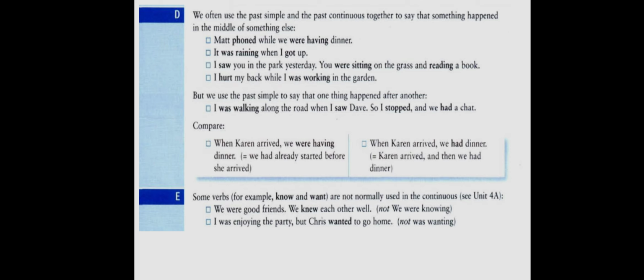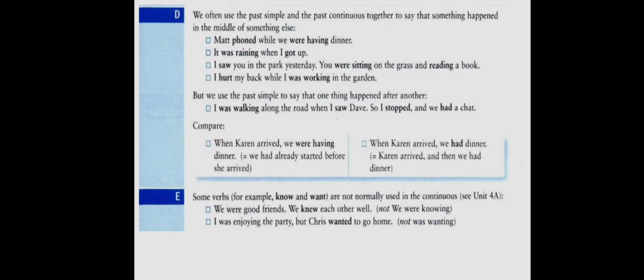This was a long action in the past, at a certain point in the past when I saw you. The point of time here is the verb "saw." It was in the middle of the other action, were sitting. You were sitting before I saw you, and you remained sitting after I saw you on the grass.